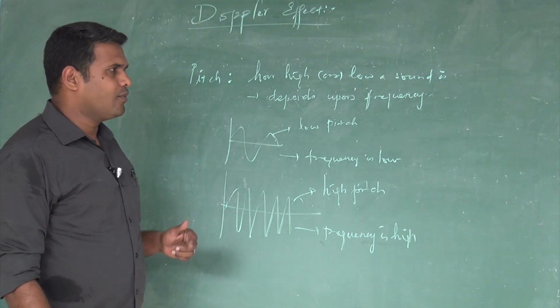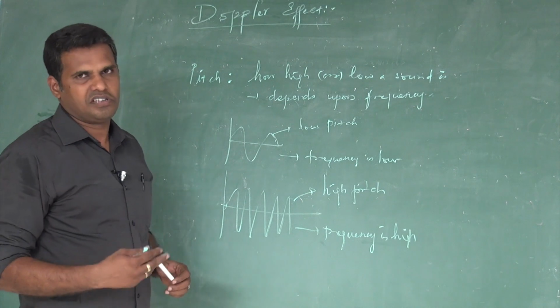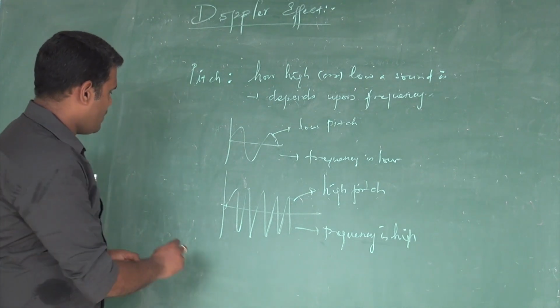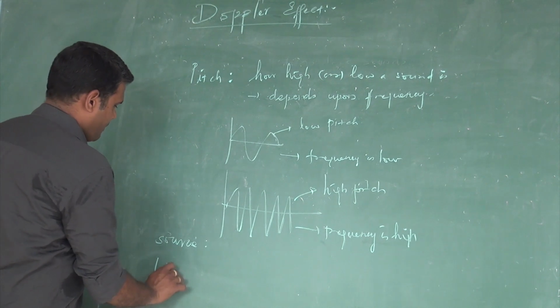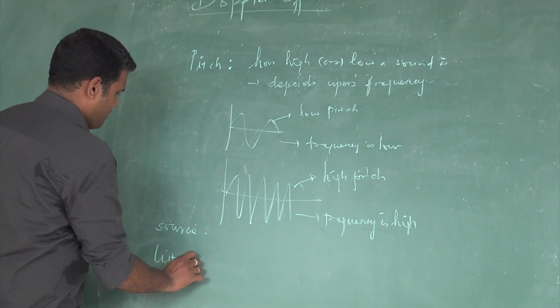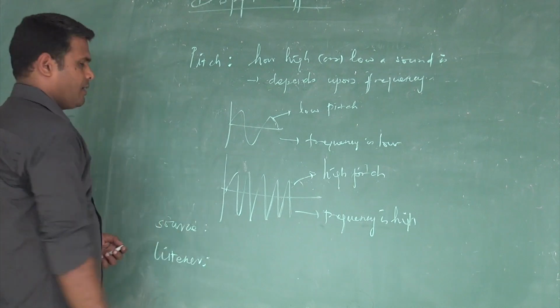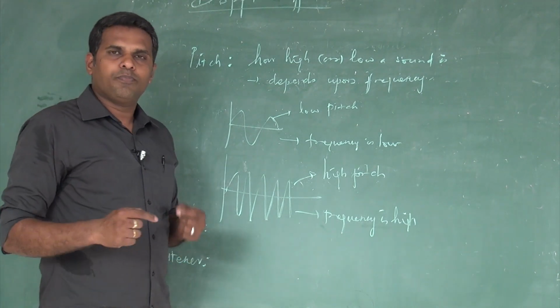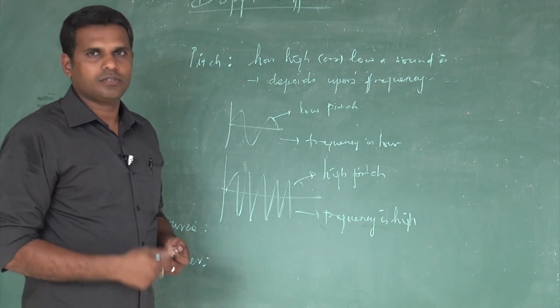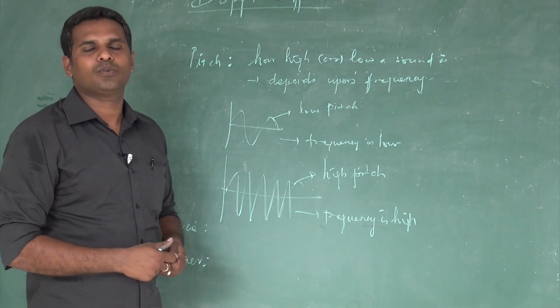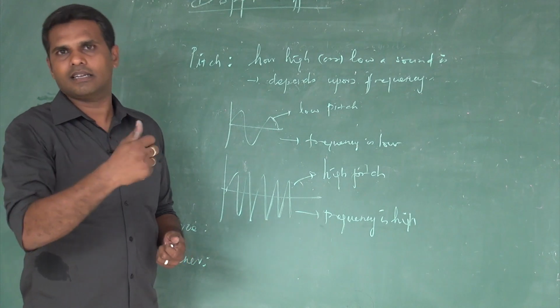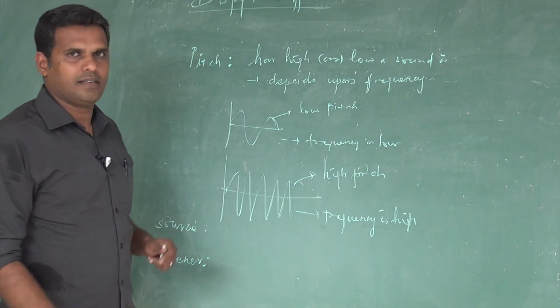Then next thing, we are going to speak about source and listener. What is a source and what is a listener? The one which produces sound waves is said to be a source, and the person or some other detecting device which is receiving the sound waves is called a listener.